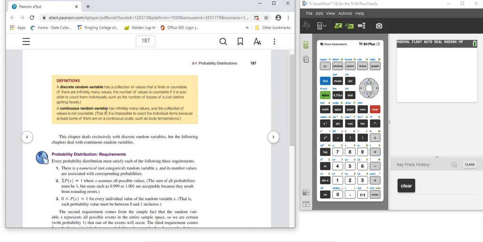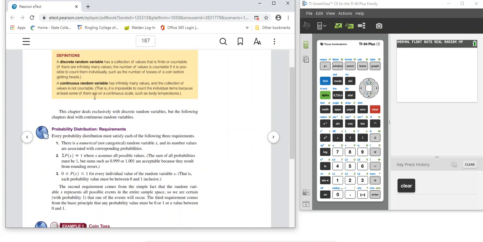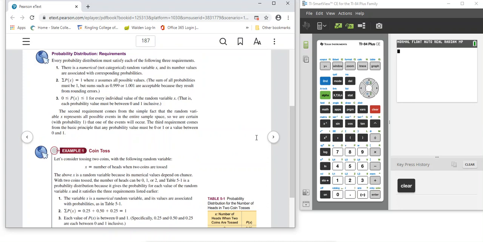A continuous random variable is one that has infinitely many values, so an infinite number of possible values, a not countable situation.